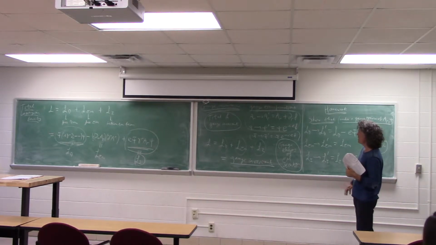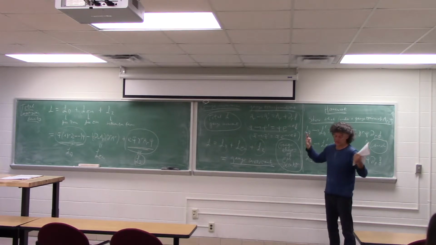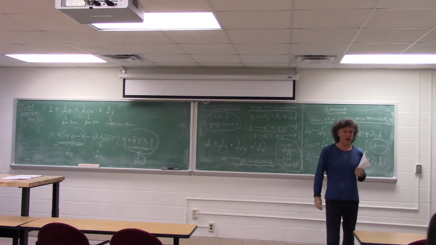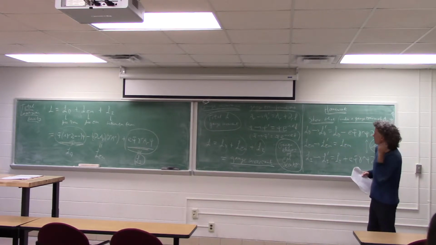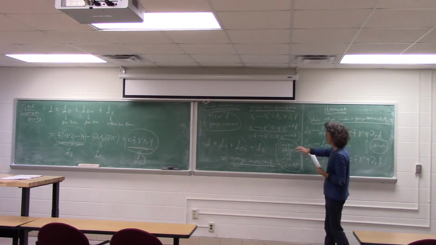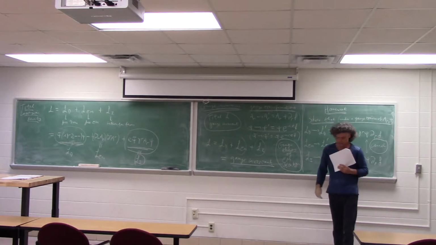This is what we think of as the most fundamental way of looking at the nature of the electromagnetic interaction in modern physics: that it is fundamentally related to this gauge symmetry.